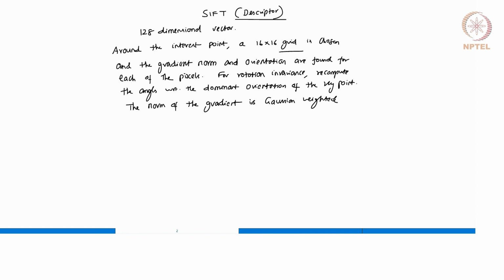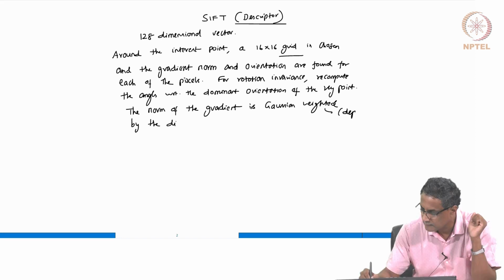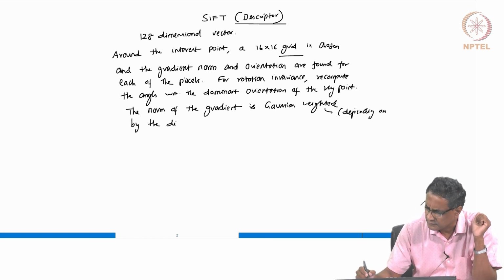Again, I am not going to write it down, because different implementations claim different things. Somebody will say 2.5 sigma. They say Gaussian weighted by the, and again this weighting depends on the scale. Well, not exactly, because this is like 1.5 sigma. So let me just write approximately 1.5 sigma.